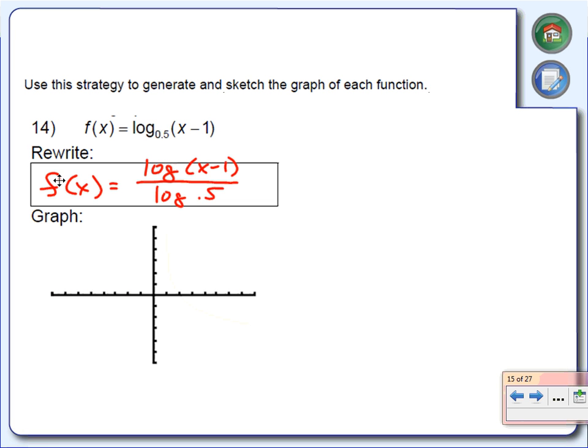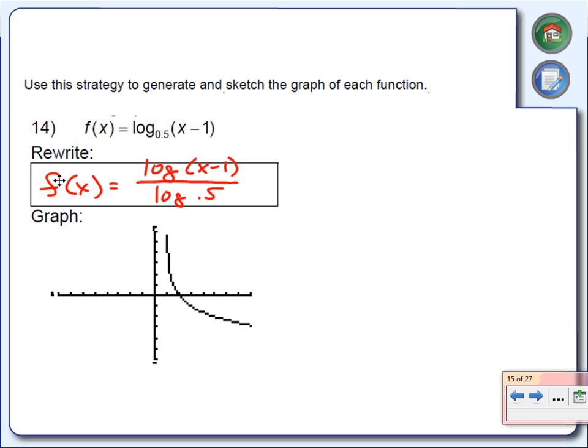Let's see what we get. And if we type this in correctly, the graph we should be getting looks something like this here. That's the graph of log base 0.5 of x minus 1.